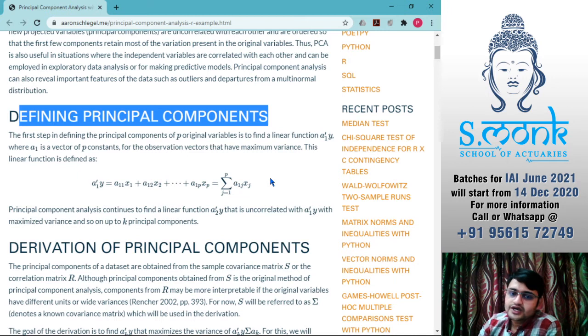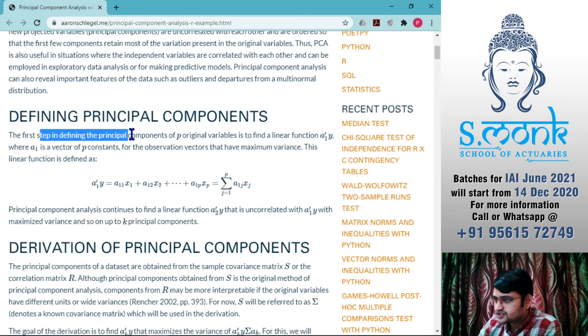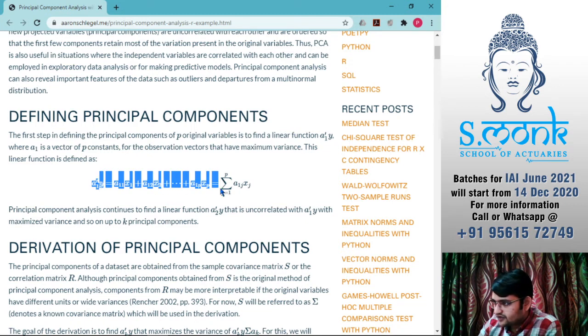It is just trying to find a relationship or define different kinds of relationship between different variables. So here, the first step in defining principal component analysis, of the original variables, is to find the linear function. This is our linear function.